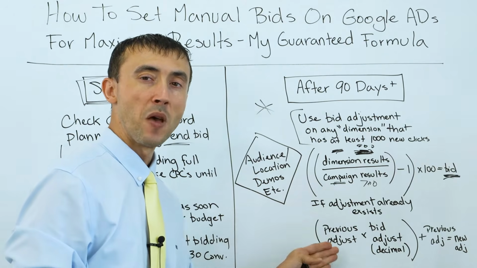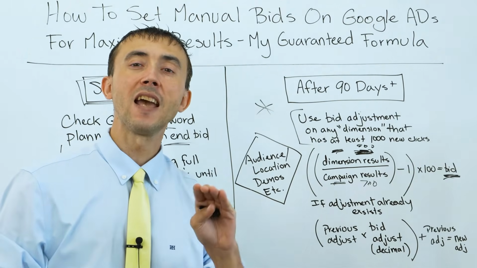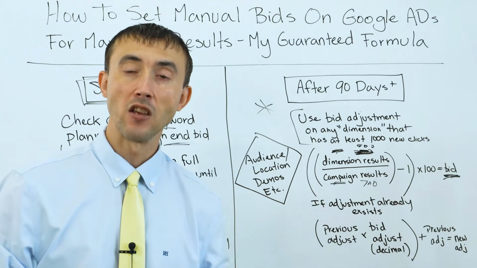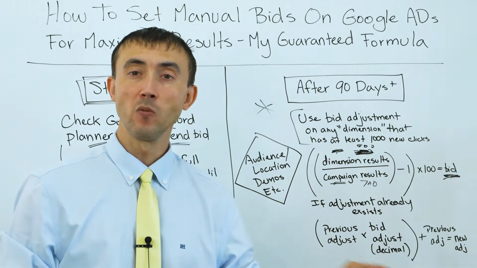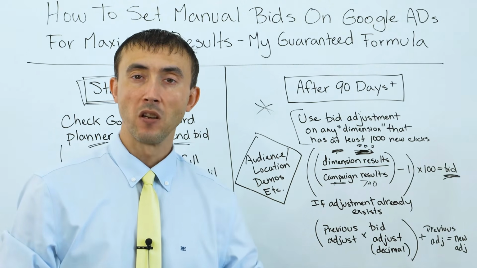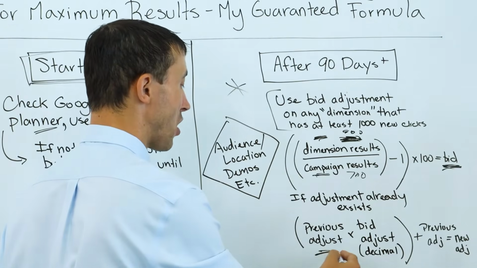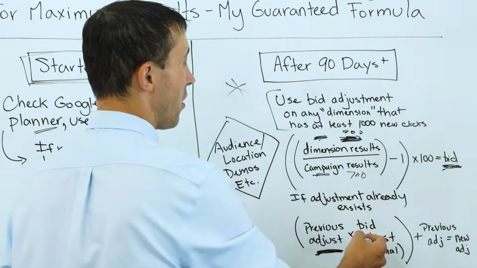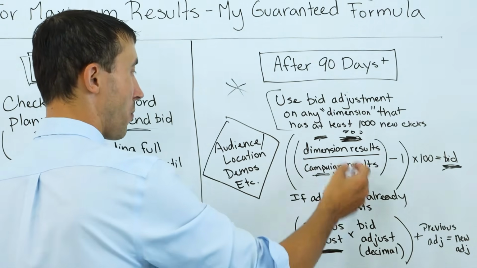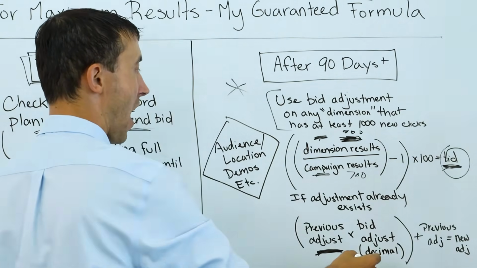Now, where it gets a bit more complicated is if your fast food audience has already had a bid adjustment and you are adding an updated bid adjustment. You're not just going to erase the old bid adjustment, you're going to add a new one. And so what you do there is you take the previous bid adjustment that you had on the fast food audience, you take it times the bid adjustment that the formula says you're supposed to have, as a decimal.